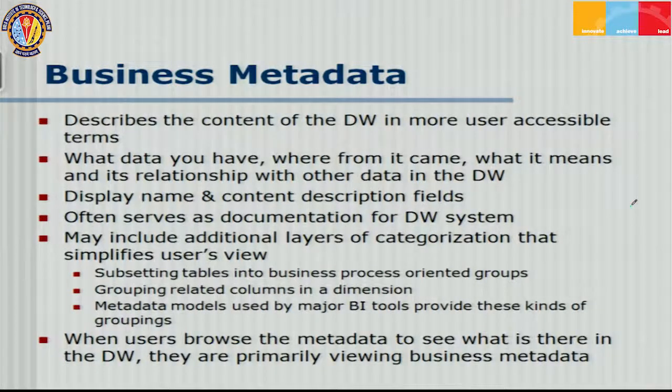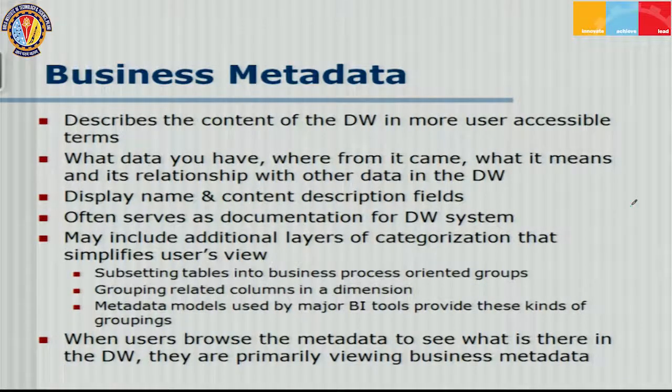So what data you have, where it came from, what it means, and its relationship with other data in the data warehouse. And it contains display name and content description fields, and it often serves as documentation for the data warehouse and may include additional layers of categorization that simplify the users' view.